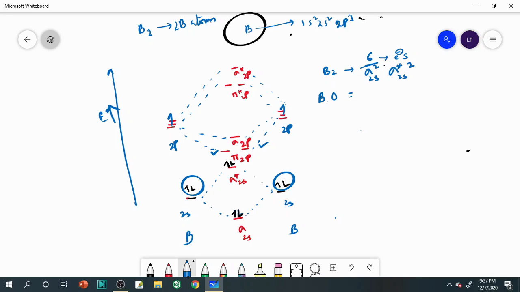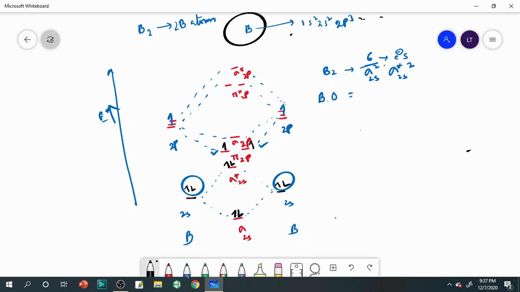So, these 2 electrons will be put in the 2 molecular orbitals. I am just drawing the electrons here. So, these 2p orbitals will be filled, at first singly occupied, and the other electron will go to the other 2p orbital, and both will have parallel spin.